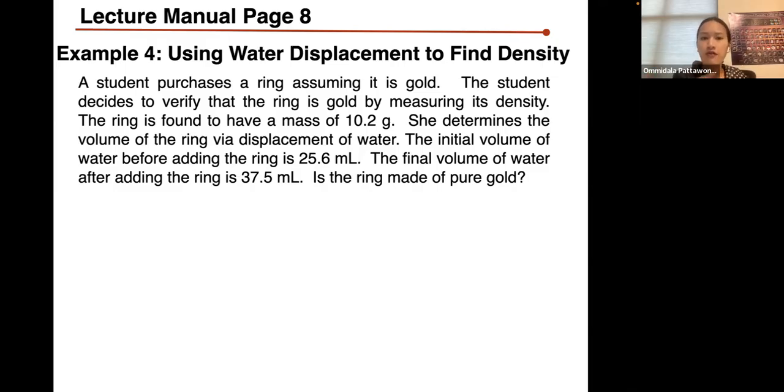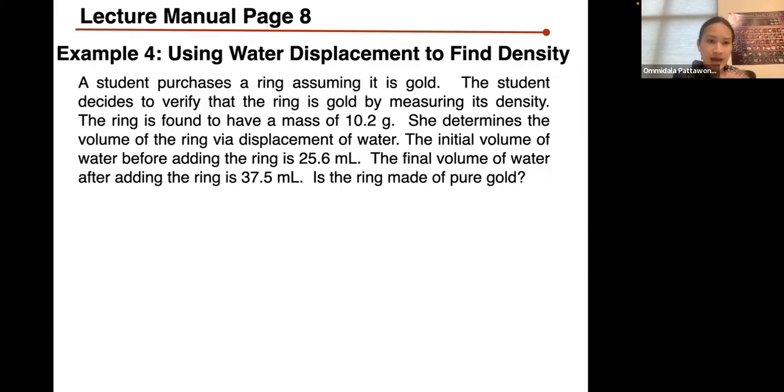You can use water displacement. Or if you want to know the density of a rock, you can put the rock into water and let it displace water to obtain the volume of the rock as well. That would be an example of an object where we can use water displacement to find volume.